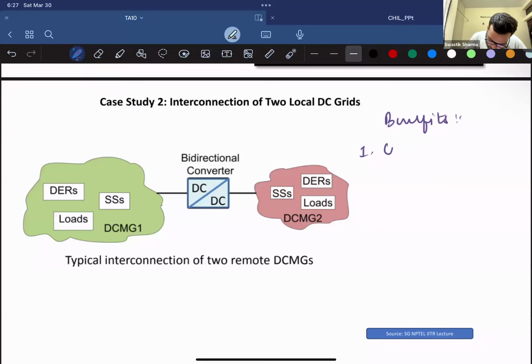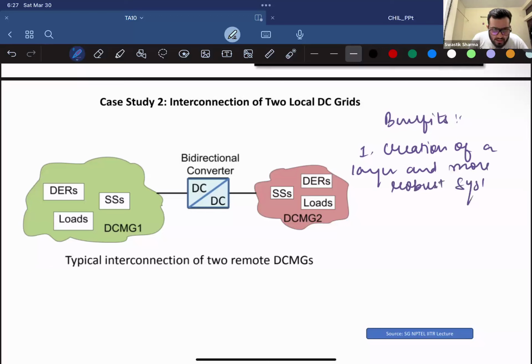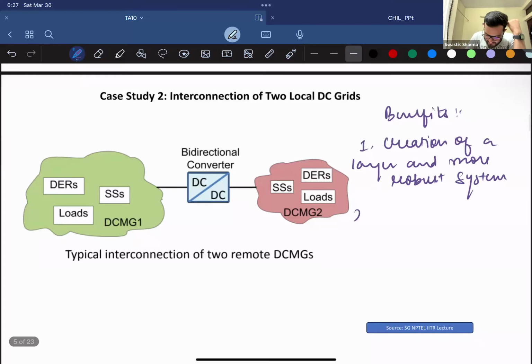So one thing is the creation of a larger and more robust system. You can efficiently meet your resources by having these larger systems available at your end. This way, you can also enhance your reliability and resiliency.